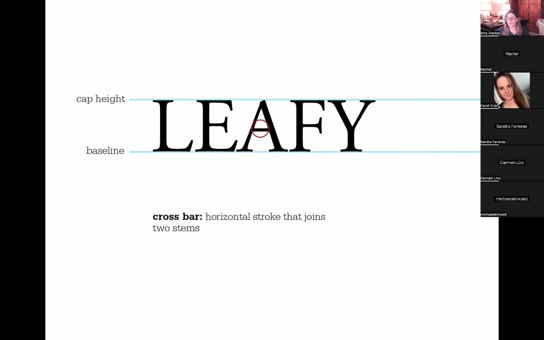Would the middle part of the E be a leg too? Yes, we would refer to that middle piece on the E and the F also as a leg. Why not an arm? The middle could go either way, but I think we would most likely go leg over arm.